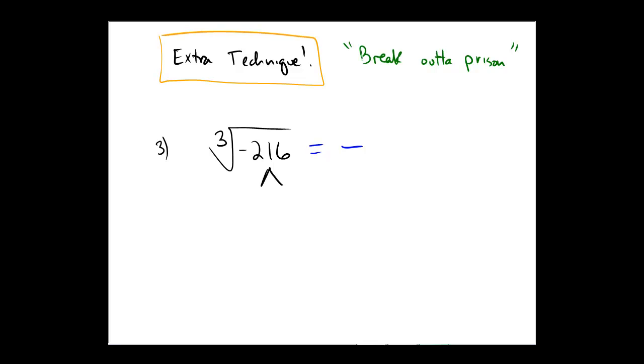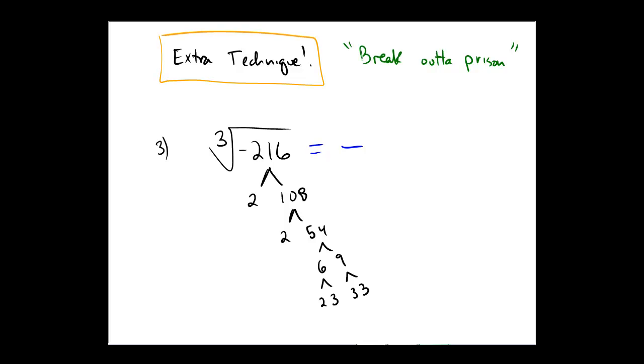Watch this. 216 breaks down into 2 times 108. 108 breaks down into 2 times 54. 54 breaks down into 6 times 9. 6 is 2 times 3. And 9 is 3 times 3. Now think of the cube root as a third-degree prison.